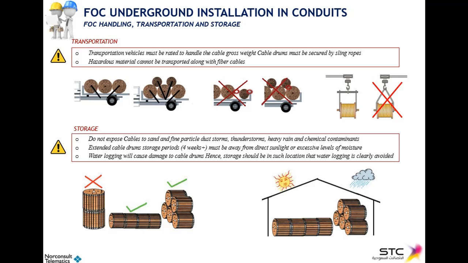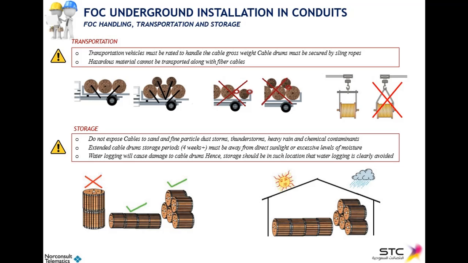The weight of this cable drum is high, so the pressures exerted onto the cable drums are high, the horizontal pressure, and this may break the drum and eventually damage the cable. So never use this method, always use this one.